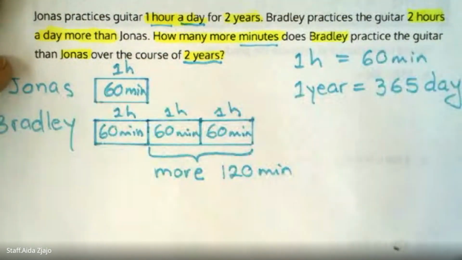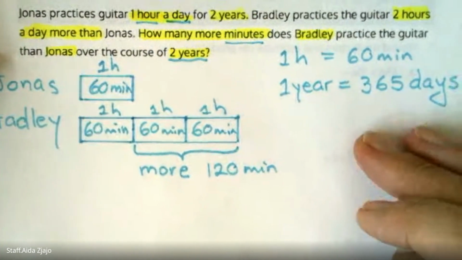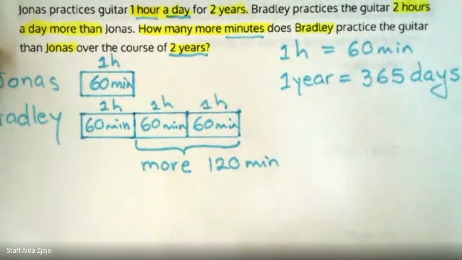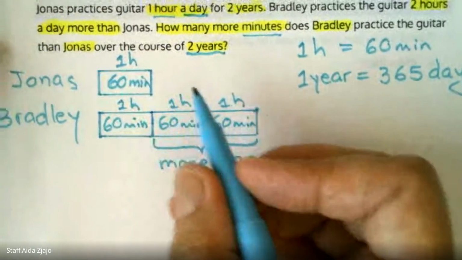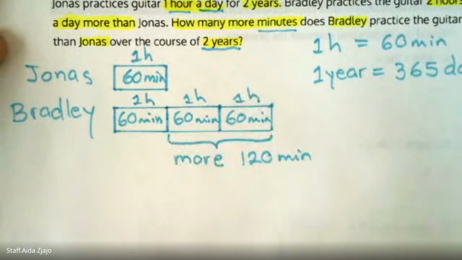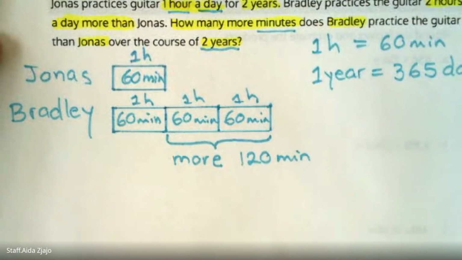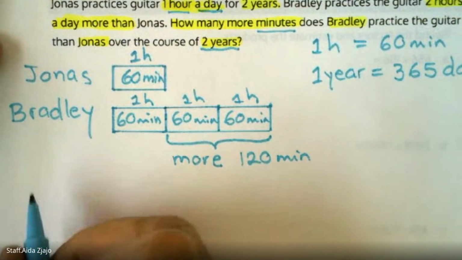So let's do this. You can try 365 times 60, to find how much Jonas practiced in a year.